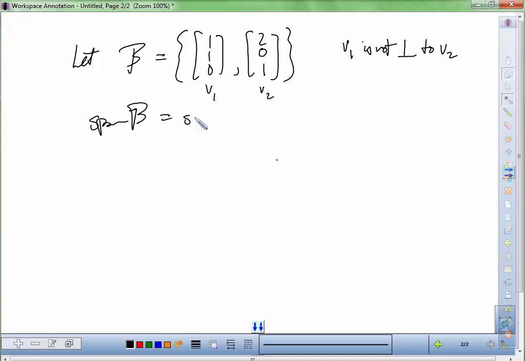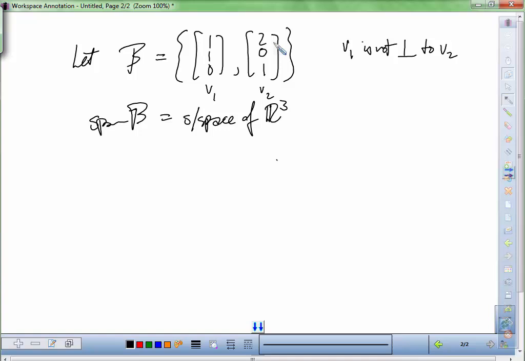Okay. So what does this subspace look like? A plane. You have two vectors in R3. The span of this is a two-dimensional plane. So the plane contains these two vectors.